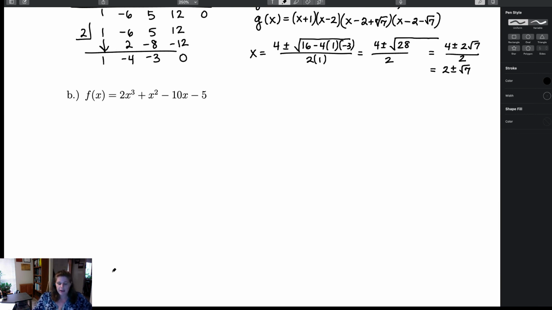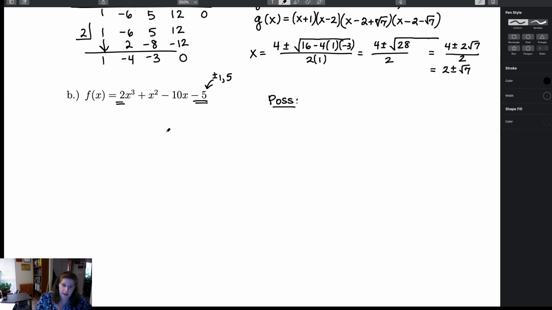So if I'm looking at this next one, f of x is equal to 2x cubed plus x squared minus 10x minus 5. Here is my p over q. We're working with 2 and -5 this time. So my possible options, if we're working with -5, here the factors are 1 and 5.